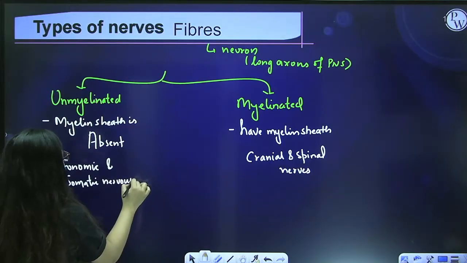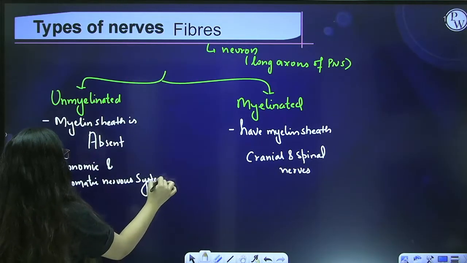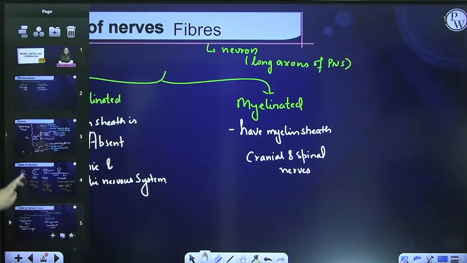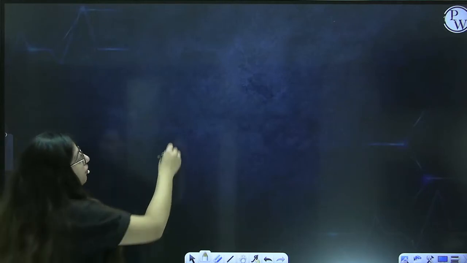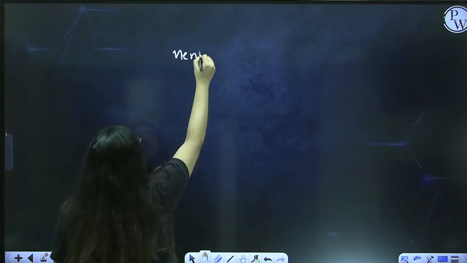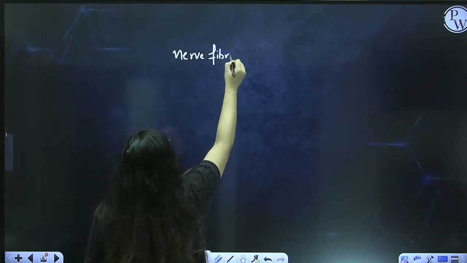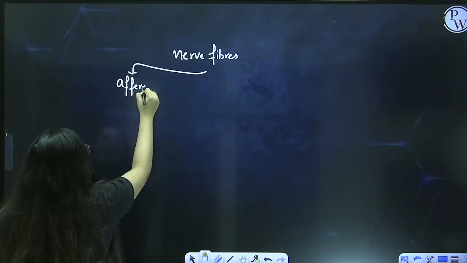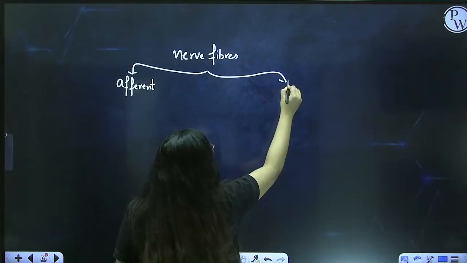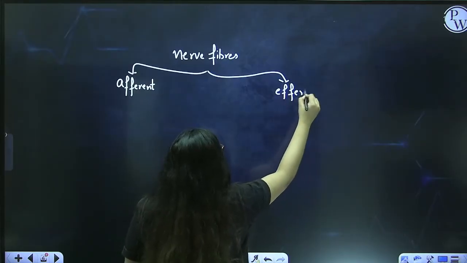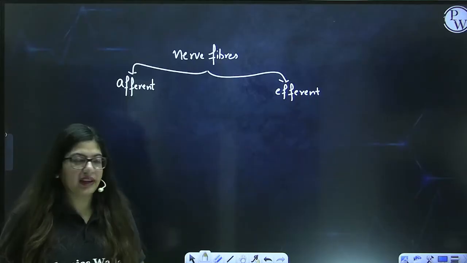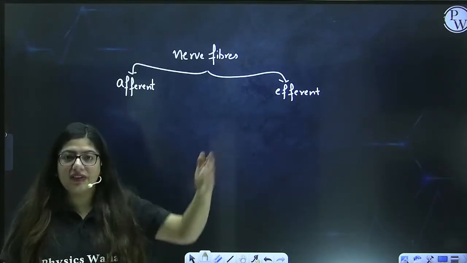So enough with the types of neurons. Now it's high time that we learn about the various types of nervous system. But before that, I will also explain another classification of nerve fibers. Nerve fibers can also be of two types. One is afferent, another is efferent. As the name suggests, afferent is bringing something and efferent is taking away something, right?